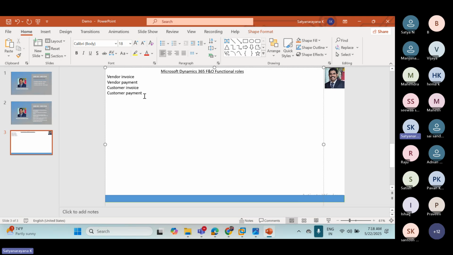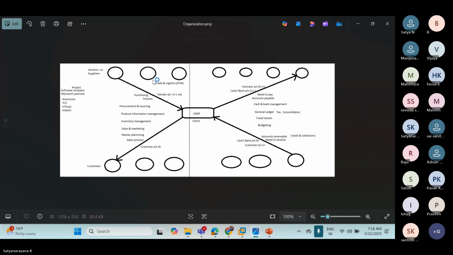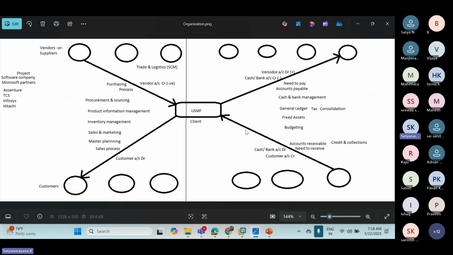What is this vendor invoice? If you want to understand these things, suppose you have completed your degree and you don't know what these words are, let me explain. You are going to join a software company, maybe Accenture, TCS, Infosys, Hitachi, Godrej, Sonata Software.